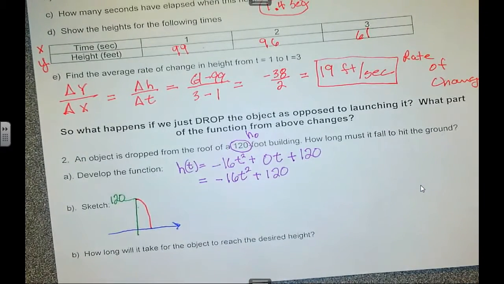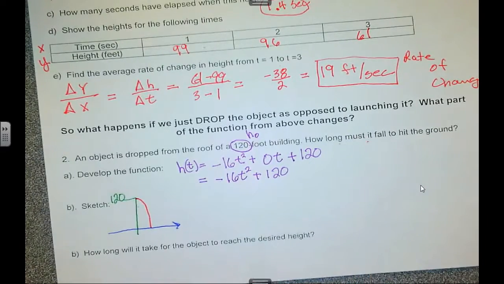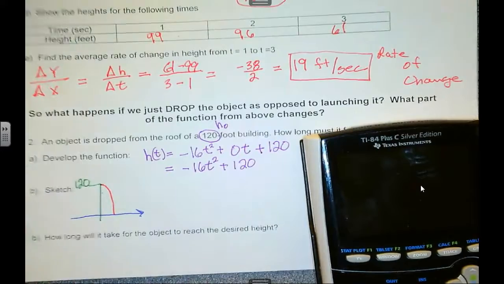There's my sketch. Okay, so we need to figure out how long it must fall to hit the ground. So what do you think I'm going to do? That's right, put it in my calculator.